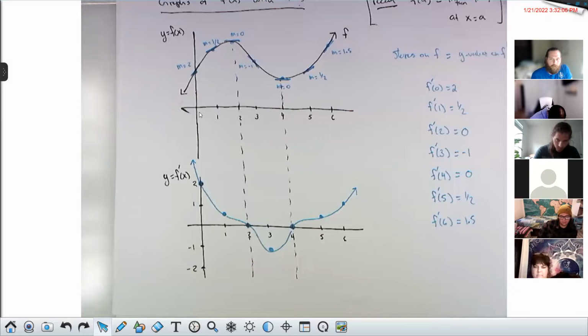Think about where the original function is increasing and where the derivative is positive. Original function increasing, increasing, increasing, increasing. The derivative over those same x values is positive everywhere.